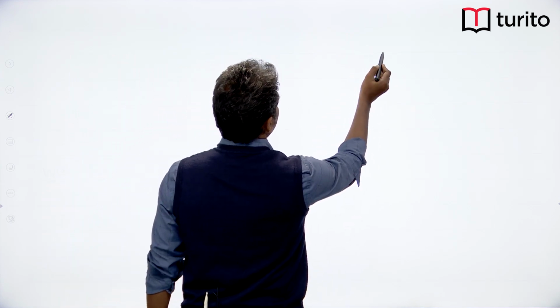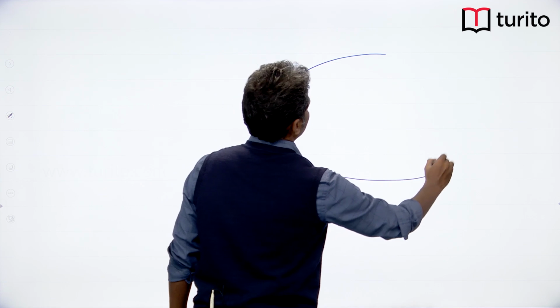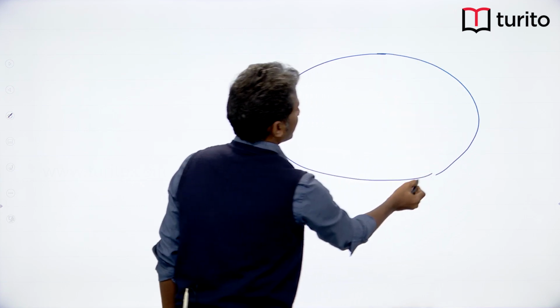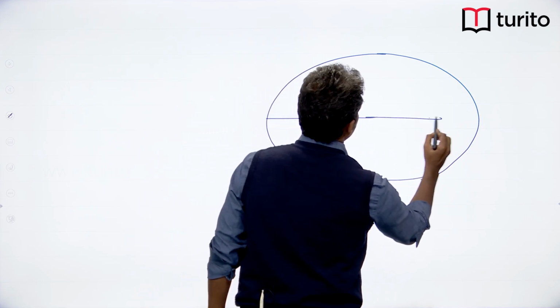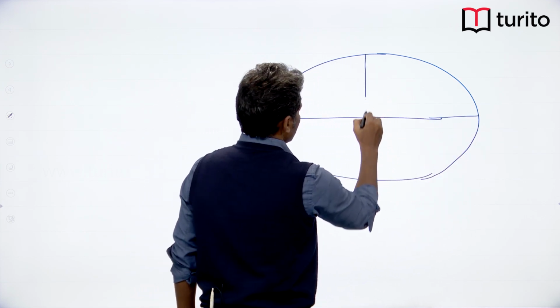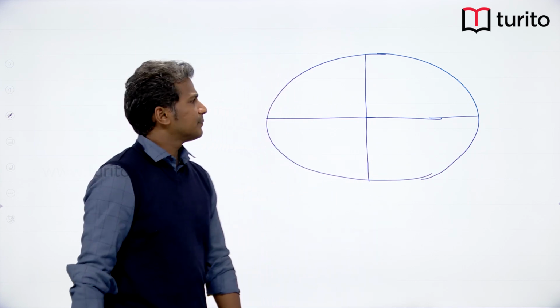So, let us say we have taken one big ellipse here. When I join these ends, I get the major axis, and this is going to be the minor axis.